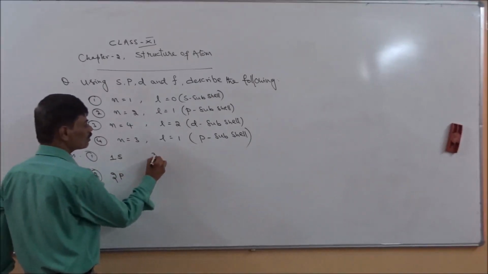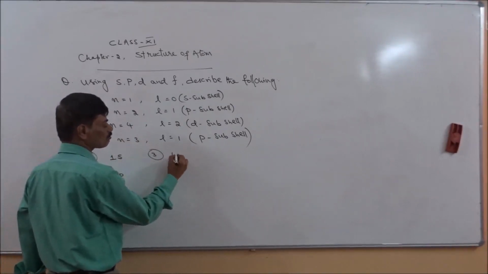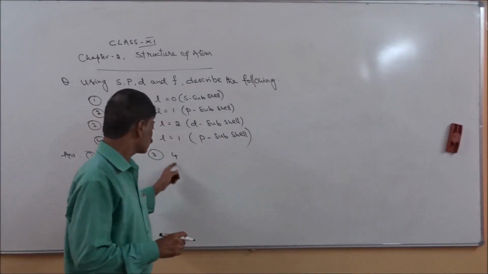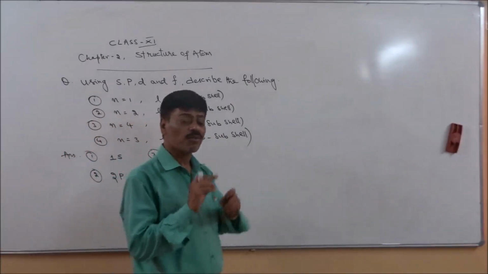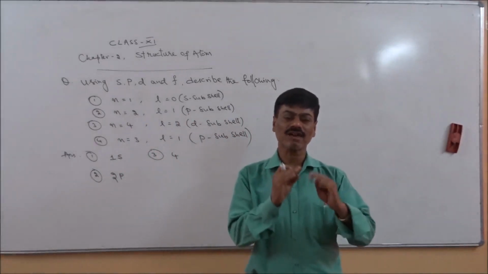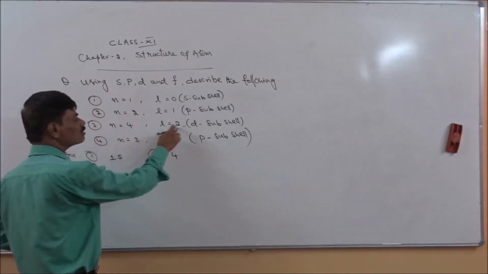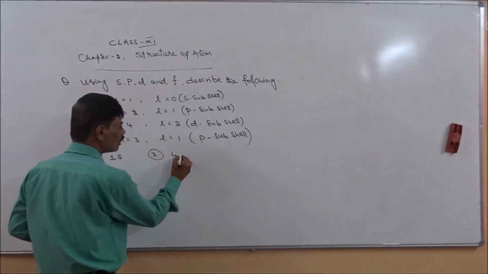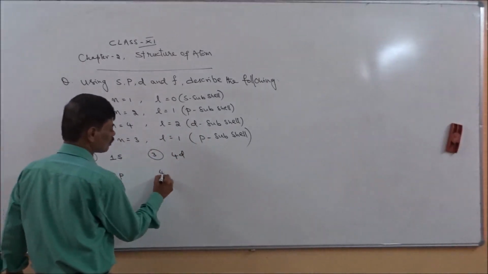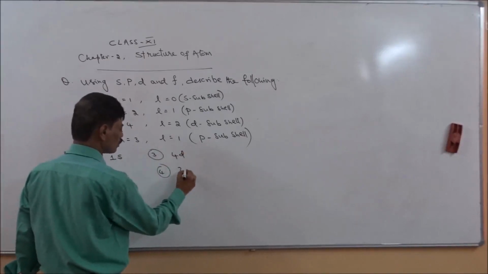Now let us see the third one. N is equal to 4 means the fourth shell, that means the fourth circular path lying around the nucleus. First, second, third, after that the fourth. Next, L is equal to 2 means D subshell. We write 4D. Next, number 4, N is equal to 3, L is equal to 1, 3P.